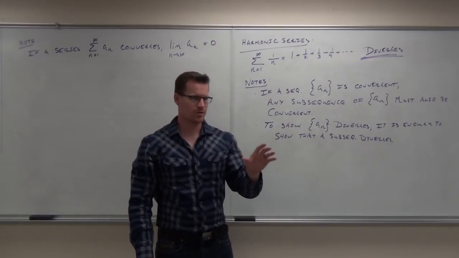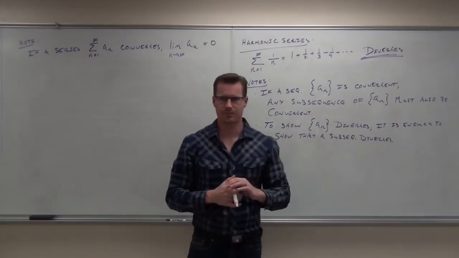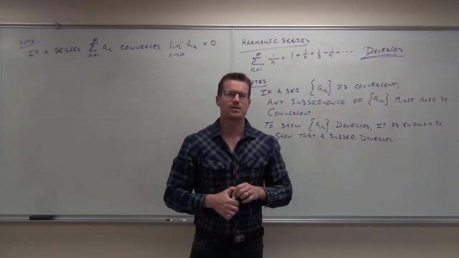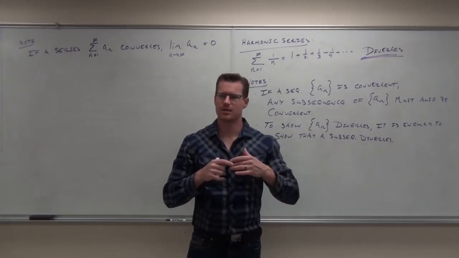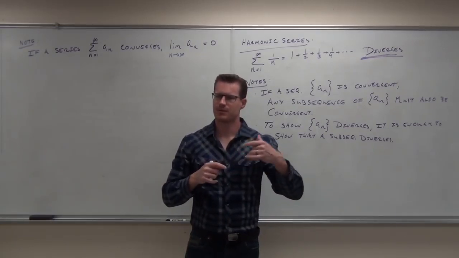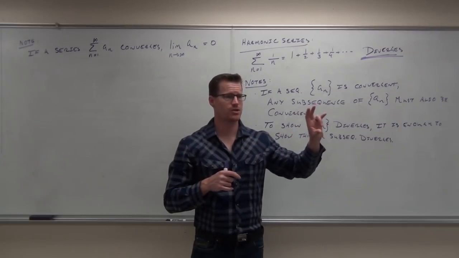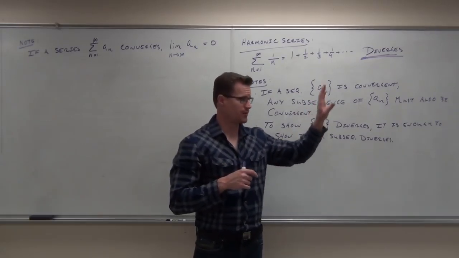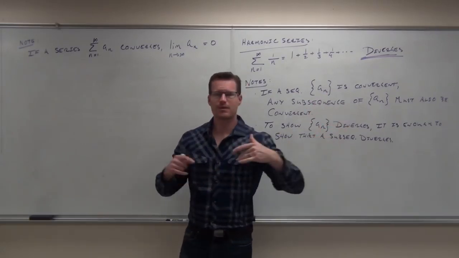What this means, I hope that you grasp onto this. Please listen carefully. You remember talking about sequences and how when you take the limit of a sequence, if the limit equals a number, then it converges, and if it doesn't equal a number, then it diverges? Remember that? Well, think about this now.